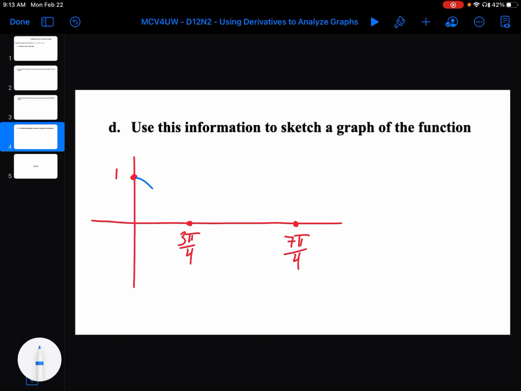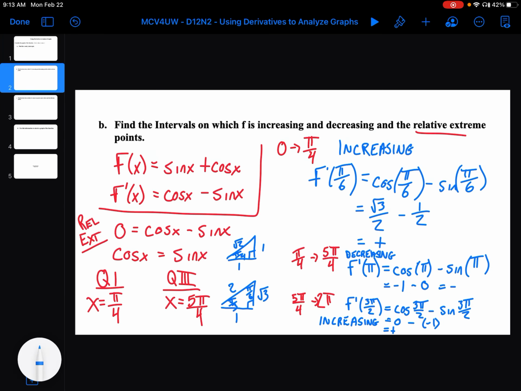We know that it's increasing here, but there's a couple other values that we're going to have to consider there. I think I used the wrong number here. It should have been 7 pi by 4.